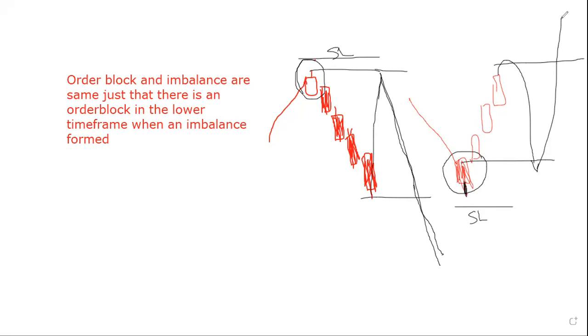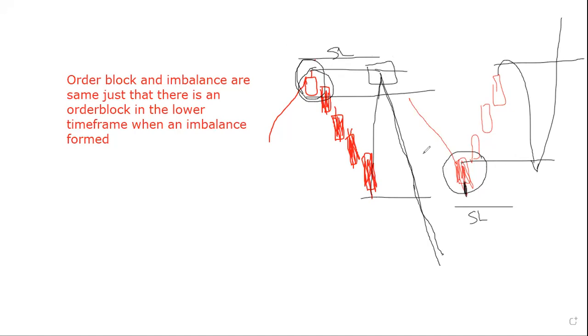There is nothing more. Now, entry. When entering from the order block, I want you to focus on two things. This is it, this particular point. Price can retrace into the whole area of this candle.